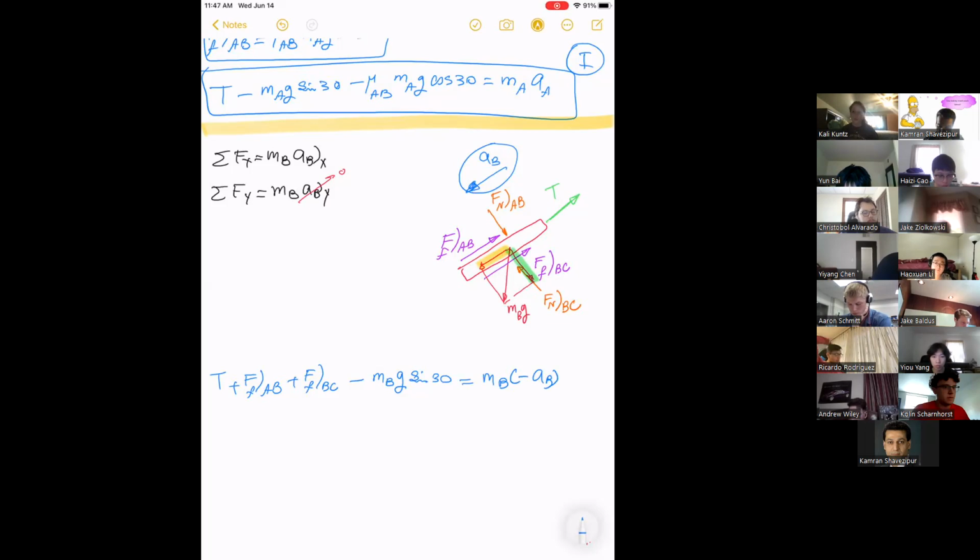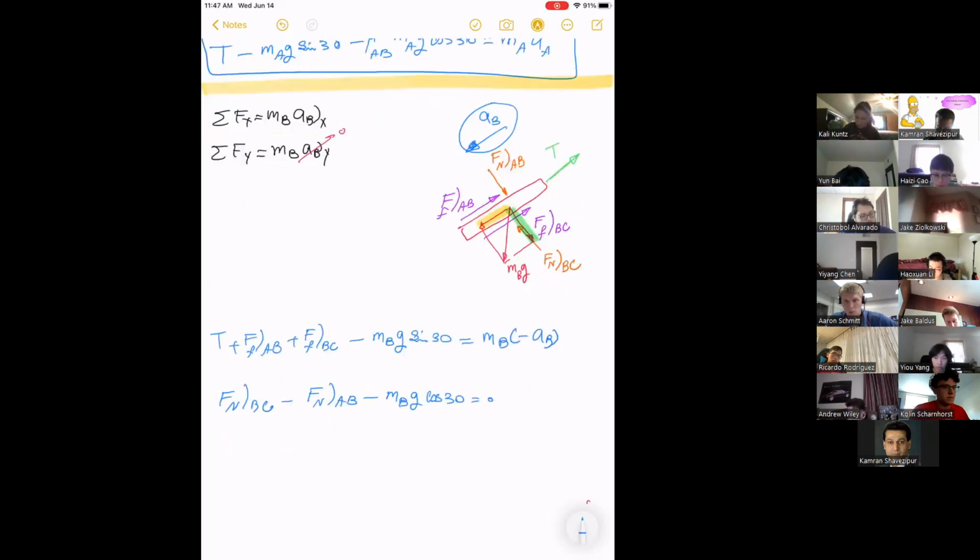For the second one, you have Fn BC minus Fn AB minus MBG cosine 30 equals 0.